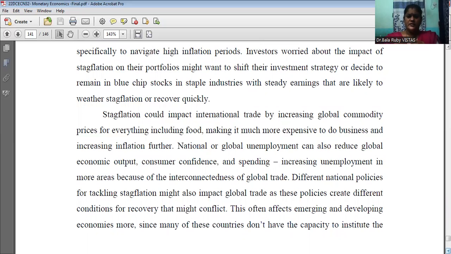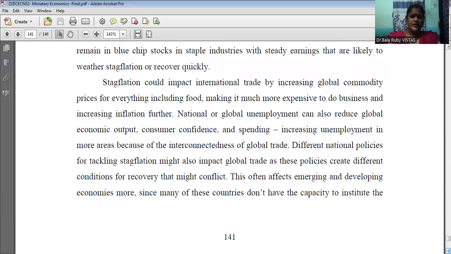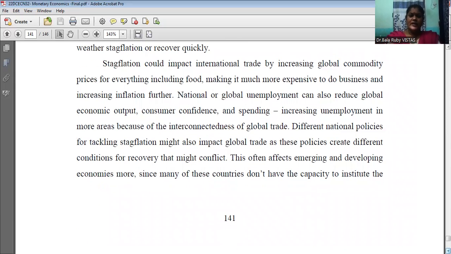Stagflation could impact international trade by increasing global commodity prices for everything, including food, making it more expensive to do business and increasing inflation further. National or global unemployment also reduces global economic output, consumer confidence and spending, increasing unemployment in more areas because of the interconnectedness of global trade.